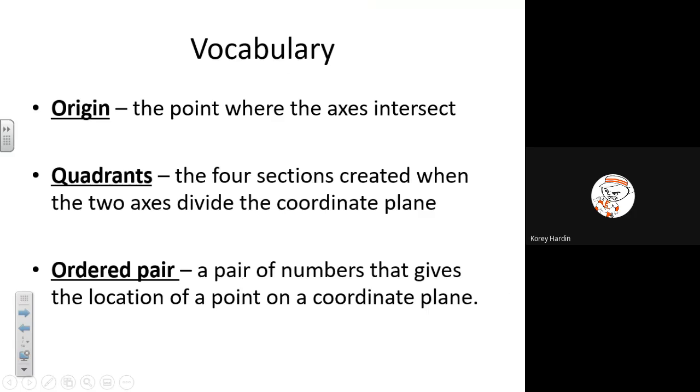We'll get to that in a minute. Last is ordered pair. An ordered pair is kind of the roadmap or the directions to get where we're going. If we see this as a big map, we use the ordered pair as directions to find what we're looking for. So go ahead and copy those three words and their definitions down, please.